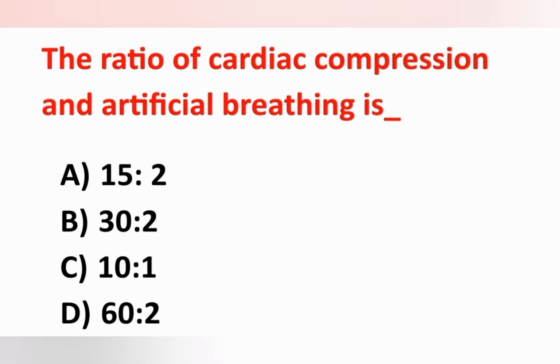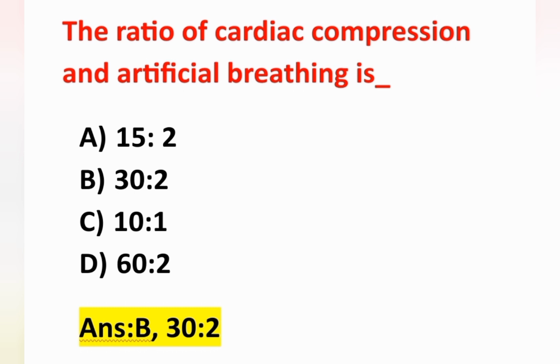The next question, the ratio of cardiac compression and artificial breathing is: option A, 15 to 2; option B, 30 to 2; option C, 10 to 1; and option D, 60 to 2. Correct answer is option B, 30 to 2.